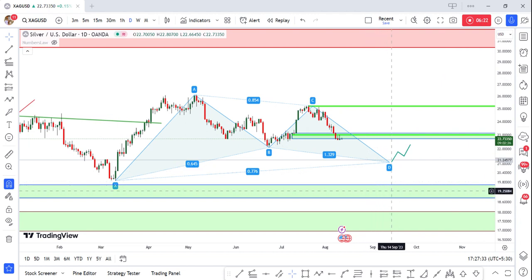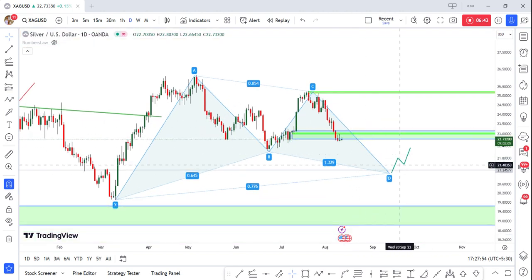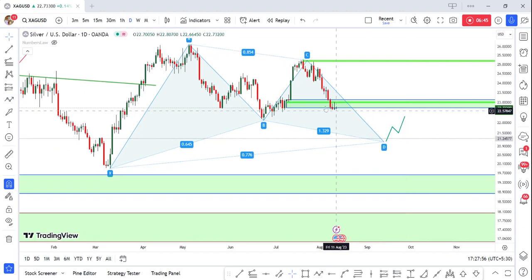But if this also invalidates, there is a very strong zone at 18, where I don't think it will come until 18, but that is the strongest zone. That is a weekly zone. This is a daily zone. One daily zone is breached now, and as a demand zone, if it gets breached, it becomes a supply zone.